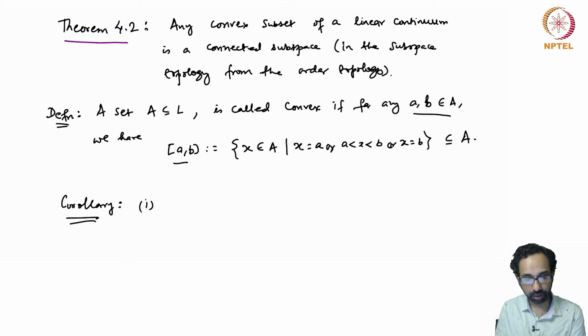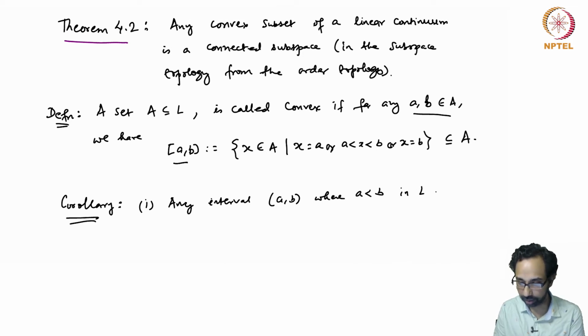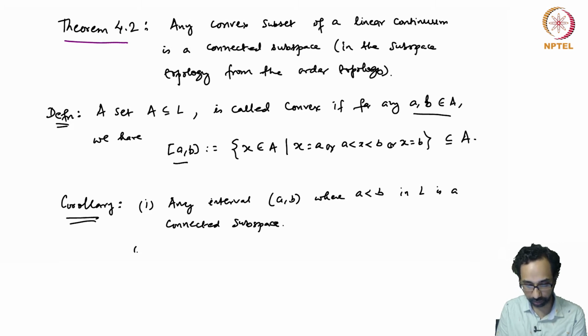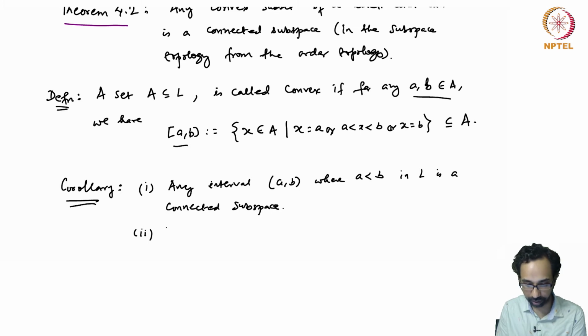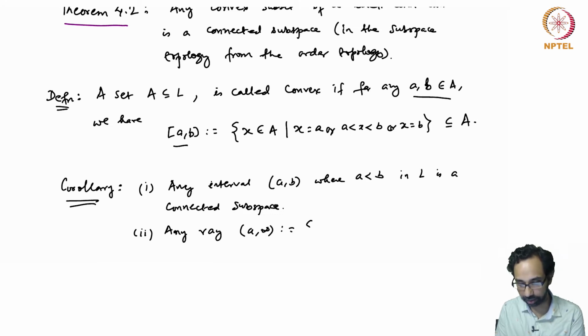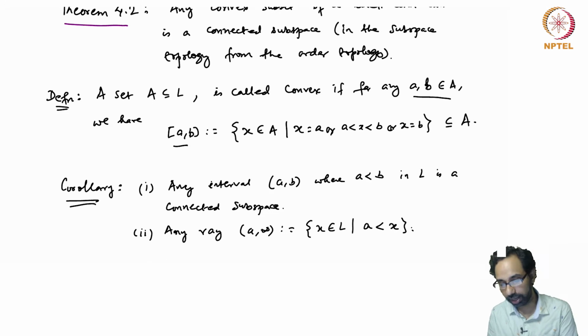The first corollary that we have is that any interval of the form (a,b) where a is less than b in L is a connected subspace, and also we can define any ray, which is of the form (a,∞), and this is simply the set of all points x in L such that a is less than x.